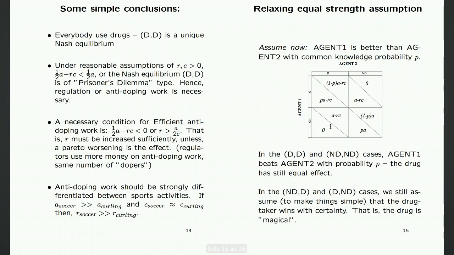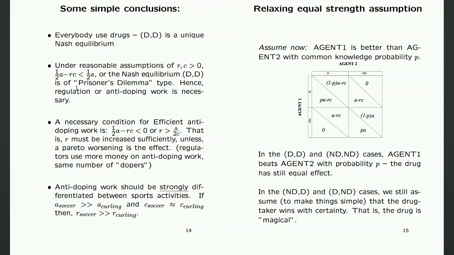Okay, some simple conclusions here. Everybody uses drugs, as we said. This DD is a unique Nash equilibrium. Furthermore, under reasonable assumptions of R and C being positive, this term here, half A minus RC, would then be less than half an A, wouldn't it?